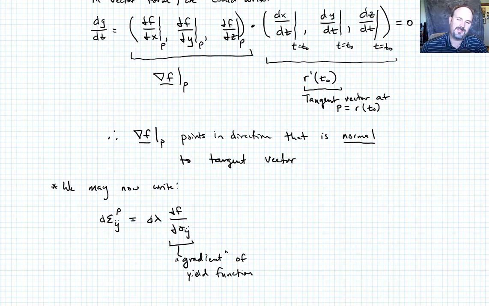We already said this quantity also pointed in that direction, so they can only differ by some quantity, and we call that quantity d lambda. We could also write this in rate form: the plastic strain rate, taking the time derivative, is equal to lambda dot, a rate component, multiplied by partial of f with respect to sigma ij.